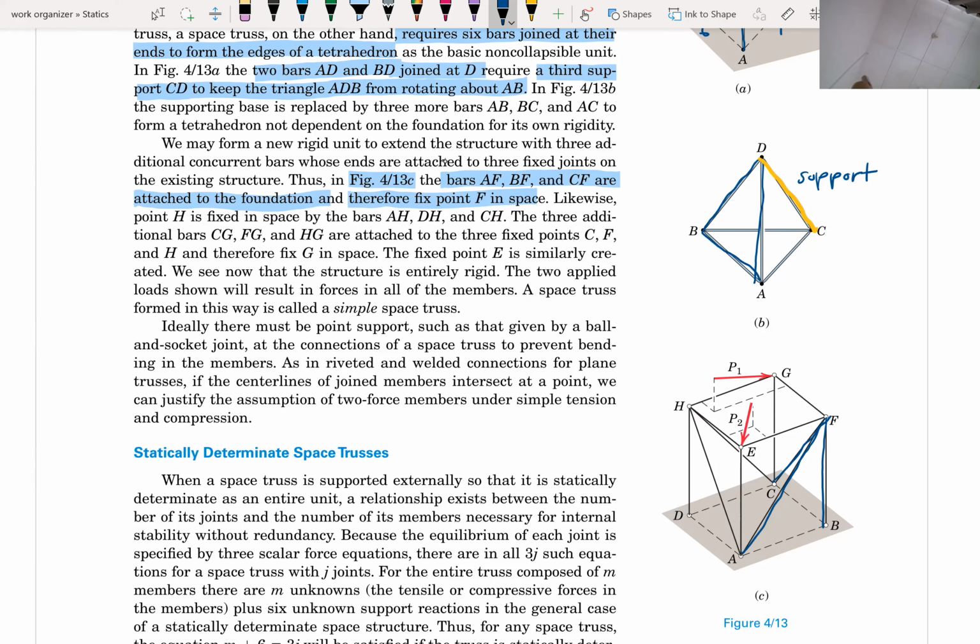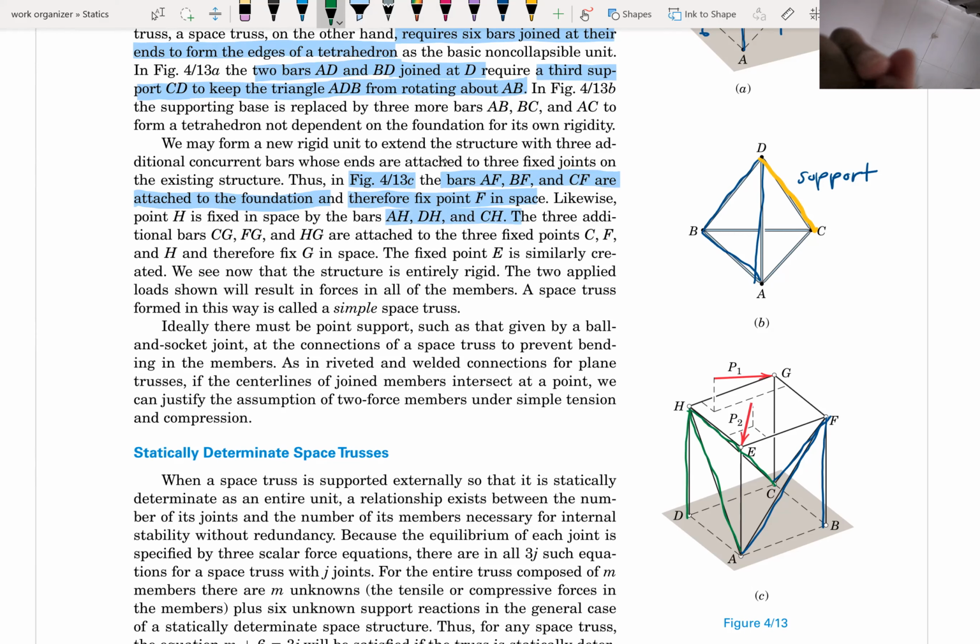And then we have AH, DH, and CH. So this one color, AH, DH, and CH.